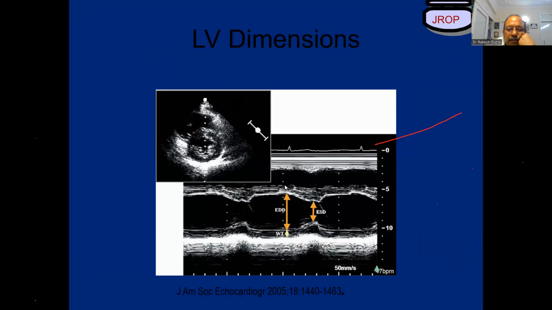This is all myocardium. And when the endocardium thickens, this becomes more. It's not the myocardium which thickens, it's basically endocardial thickening that happens. So we do include the tip or the base of the myocardium, that is, the black and white interface with the myocardium.